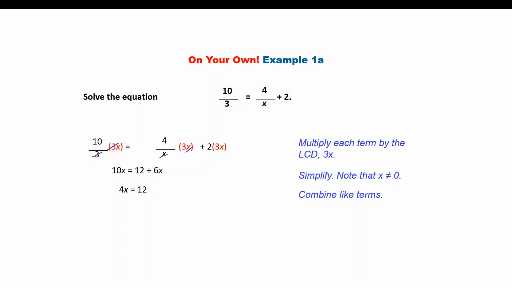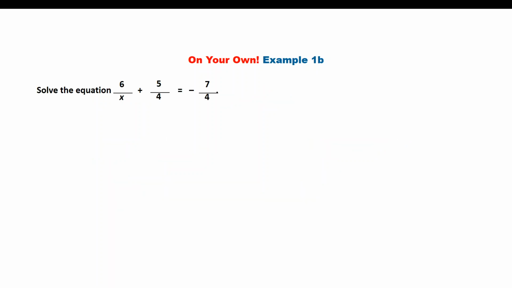Then if I subtract 6x from both sides, that leaves me with 4x equals 12. Now all I have to do is divide both sides by 4, and I end up solving for x, which is x equals 3.